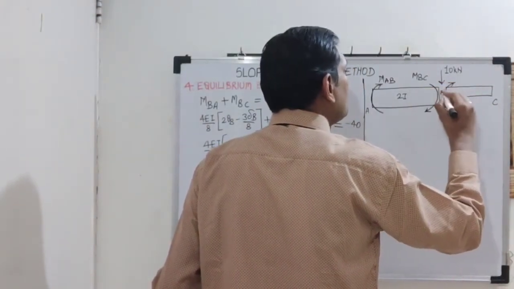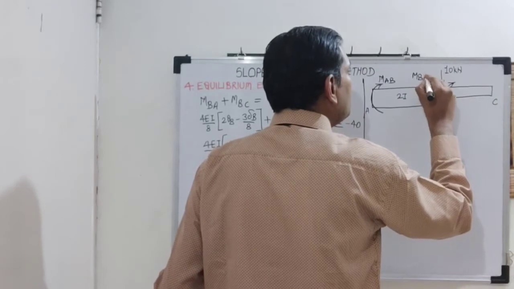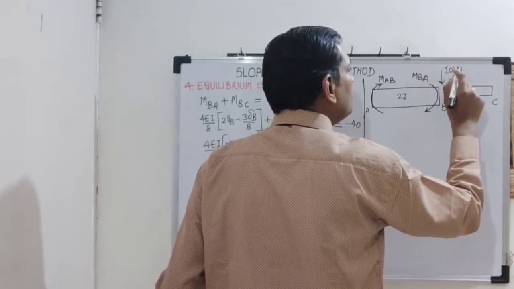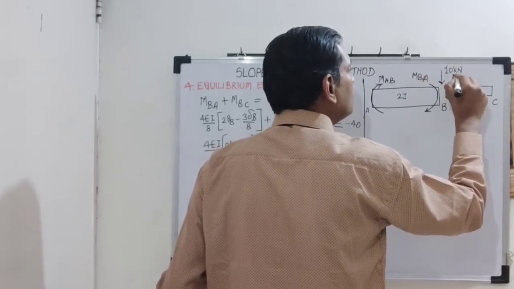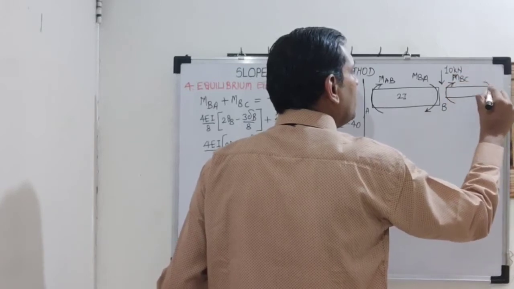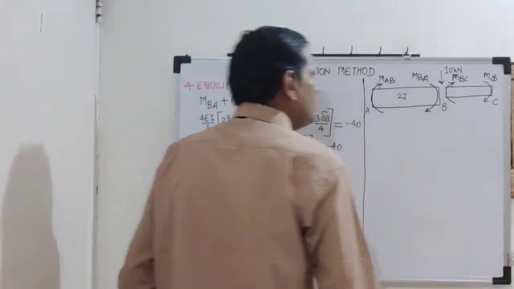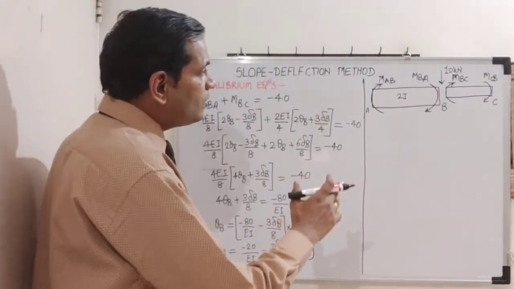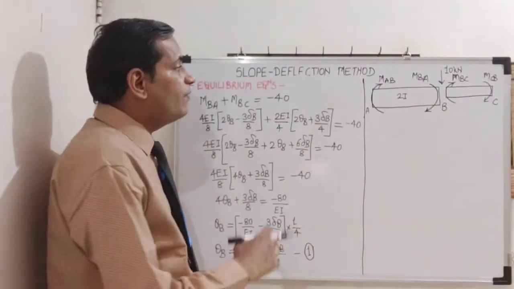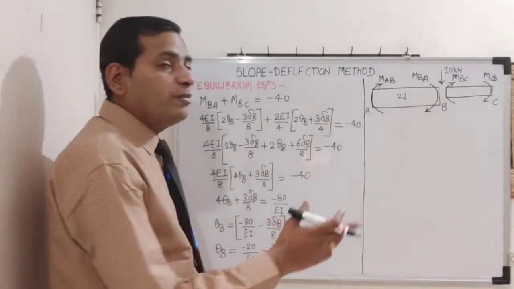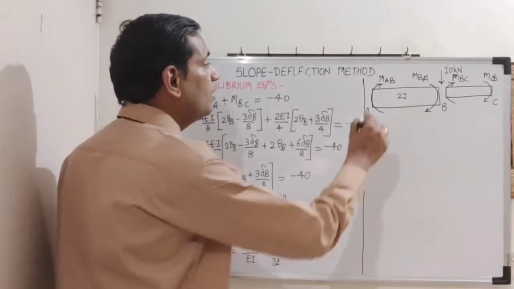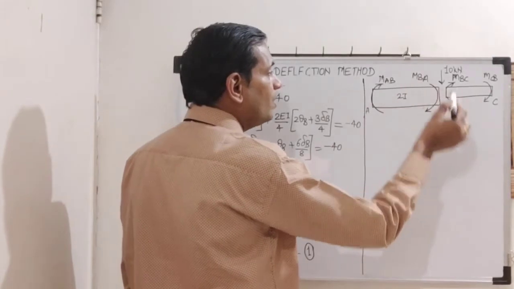So this will be MBA actually, this is MBC, and this is MCB. Now please see, on both the ends for both the parts I have assumed clockwise moments. MAB, MBA, clockwise moment.